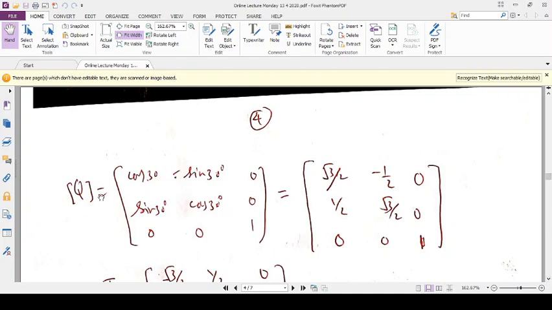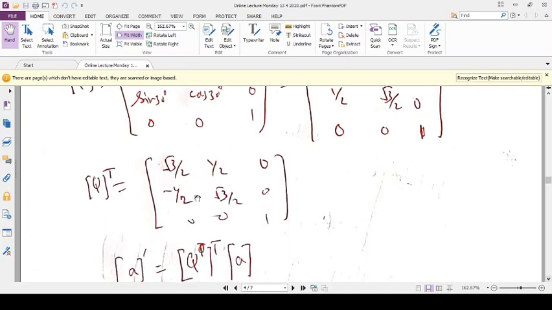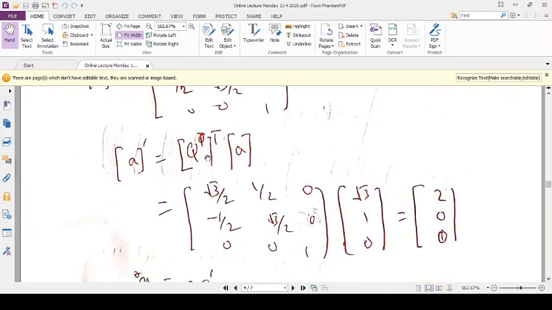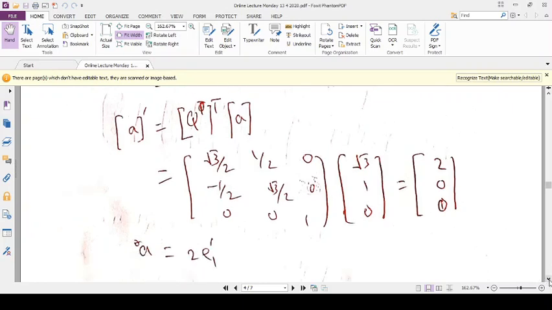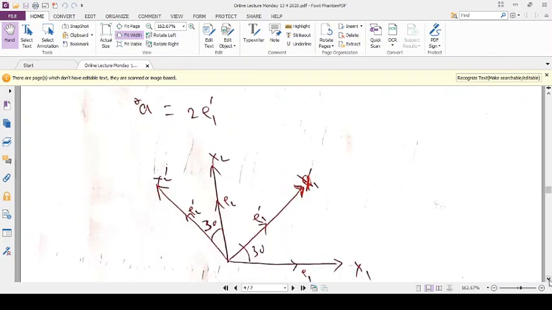Now you have this simple matrix Q, then its transpose, Q transpose, this. Simply you have this formula. Simply you will compute this product and you have 2 0 0. So this would be A equals 2e1 dash. This is the geometry of the rotation, that e1 dash is at 30 degrees and e2 dash is at 30 degrees.